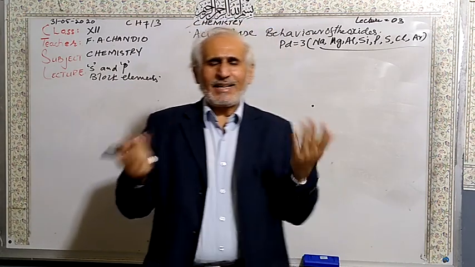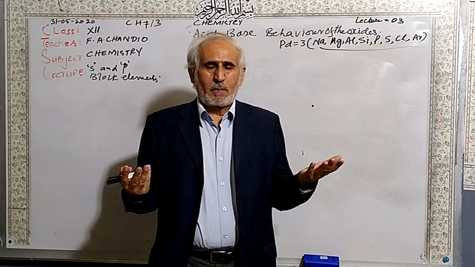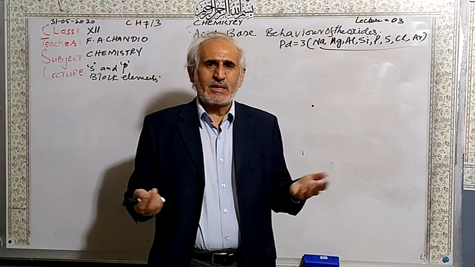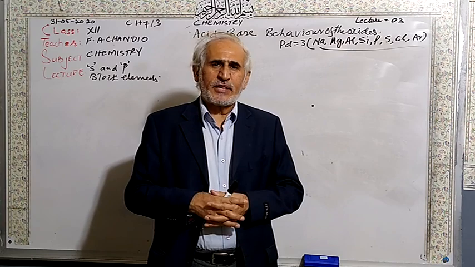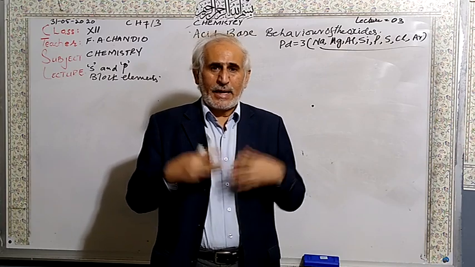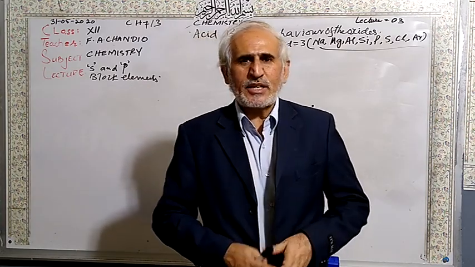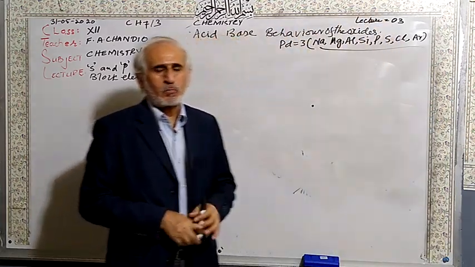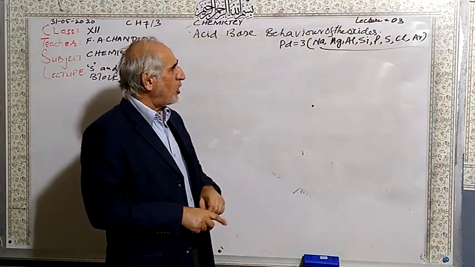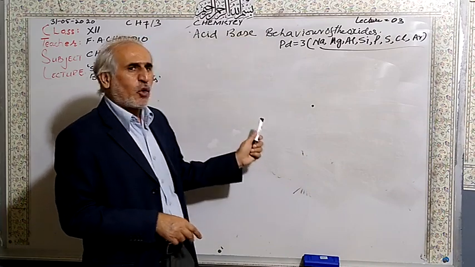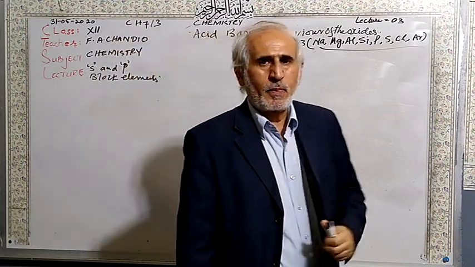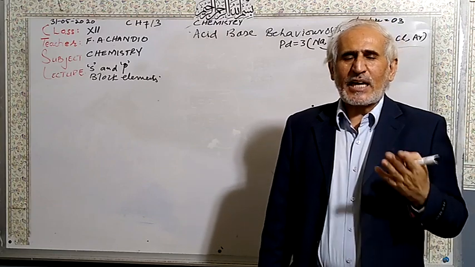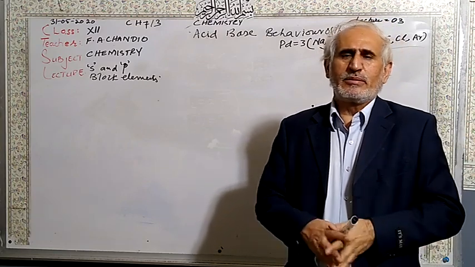Dear students, we have done the atomic size, electronegativity. In the lower classes you also did ionization energy, electron affinity. So dear students, as we go down the group in the periodic table, the metallic character of the element is going to increase.